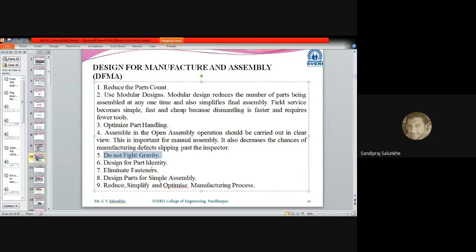We should not fight against that gravity. That means if we have to lift a part and then assemble it and use nuts and bolts for fastening, instead, if the assembly is coming from above and is fitted, that will be better. It requires less energy. So we should not fight against gravity.